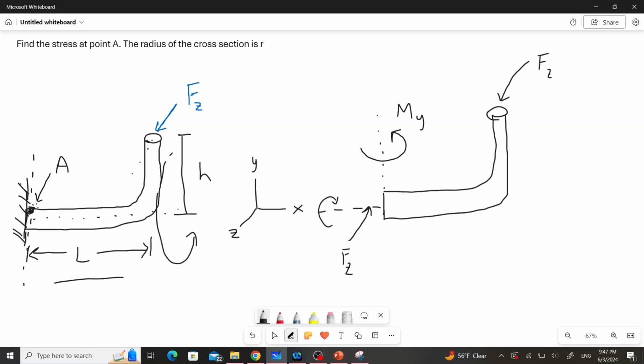And we will have a torque, we'll call that capital T, about the x direction, and it's rotating opposite to what the applied load would be. And recall that we're looking at this point A to calculate stresses.